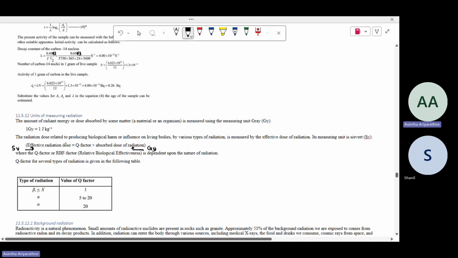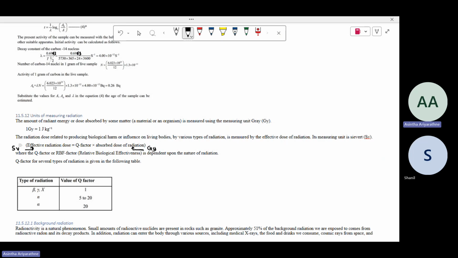The effective radiation dose means the harmfulness. Let's say 10 joules of radiation is absorbed by some matter. Not all of the 10 joules would be harmful, perhaps only a quarter of it.